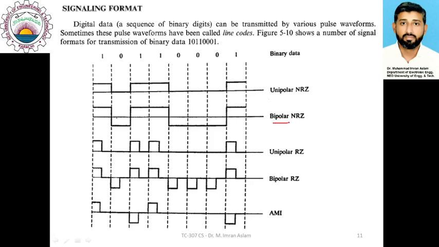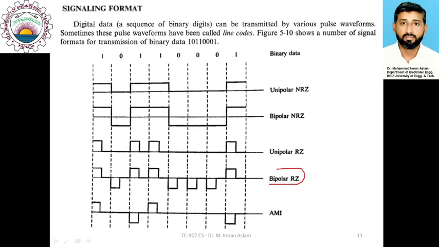For the bipolar case, we actually use positive and negative amplitudes. You can see that the 1 is represented by a positive amplitude, whereas 0 is represented by a negative amplitude. Again, the next one is represented by a positive amplitude, and 1 is again represented by positive. All the zeros are represented by negative amplitude.